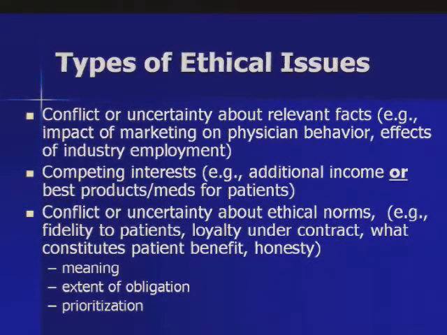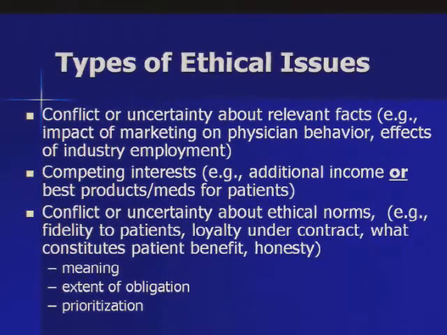There's also an issue of conflicts over competing interests. Additional income or the best products or medications for patients, for example. And a third type of conflict is the uncertainty about ethical norms. What is it I'm required to do? Be loyal to my patients, loyal to my contractor?